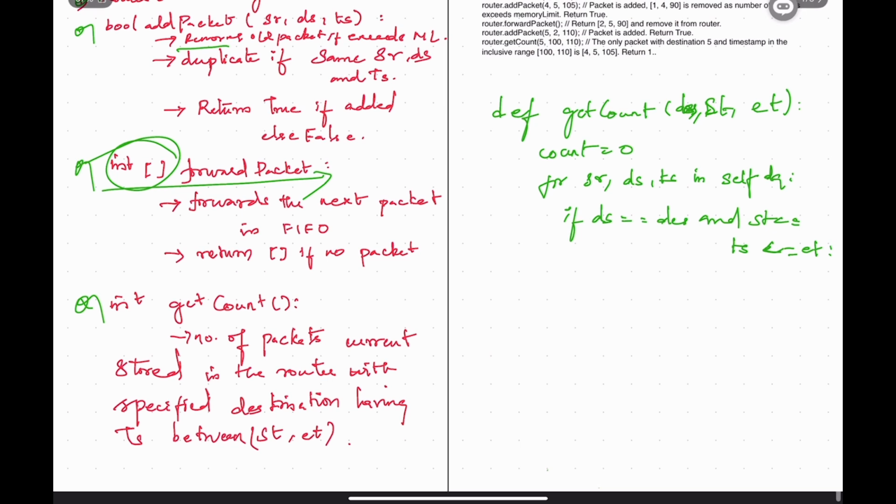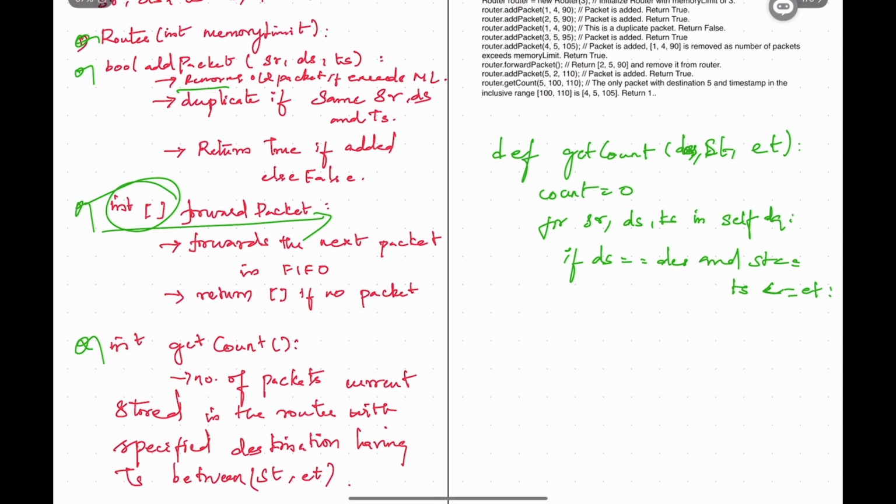For example, here 100 and 110, the destination is 5. So we will be traversing through all the packets which are 1 4 25, 3 5 95, 4 5 105. All these things will be there, right? Among this, only one falls between this timestamp. So the destination should be equal to the destination which they have given, and timestamp falls between those.